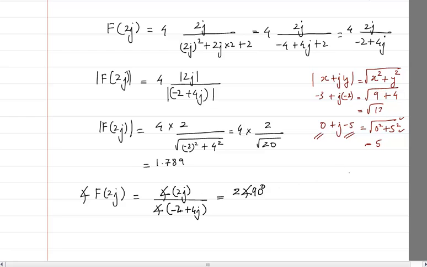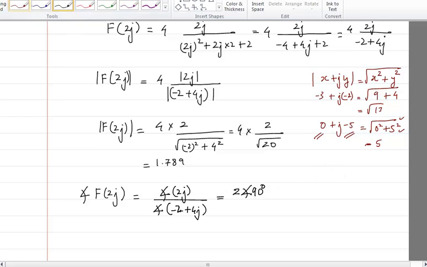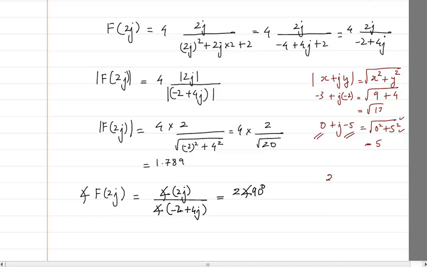So R to P, rectangular to polar conversion of 2j, gives me 2 angle 90 degrees, out of which I am only interested in 90 degrees, correct?